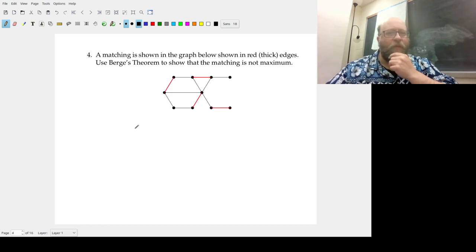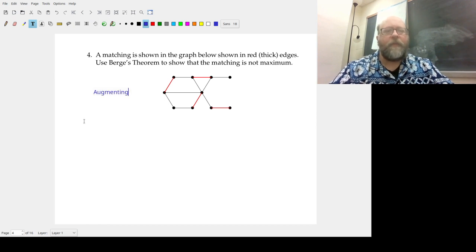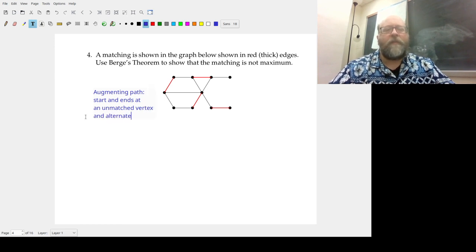A matching is shown in the graph here using red edges. Use Berge's theorem to show that the matching is not maximum. So the idea here is that we would like to use an augmenting path that starts and ends at an unmatched vertex and alternates edges.